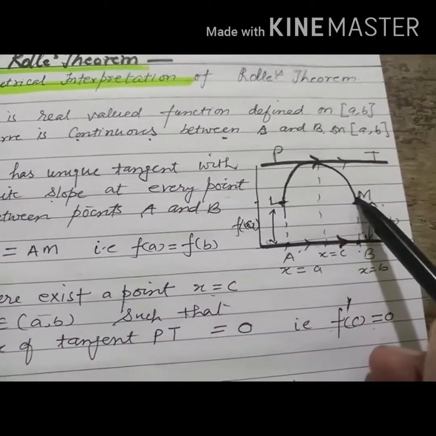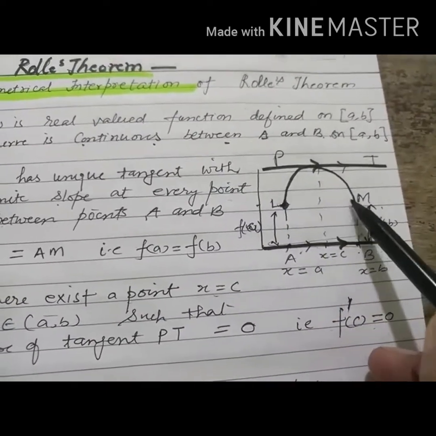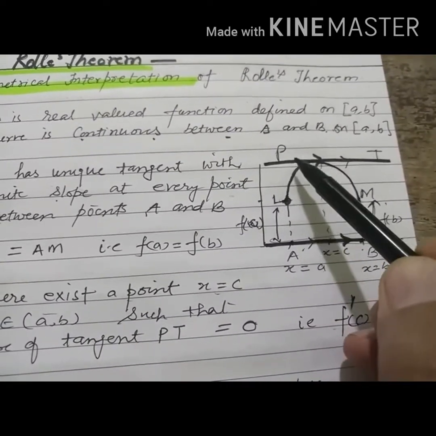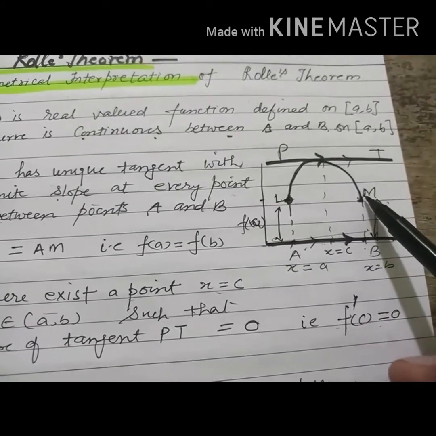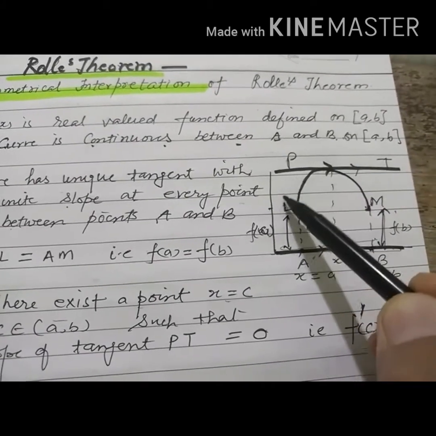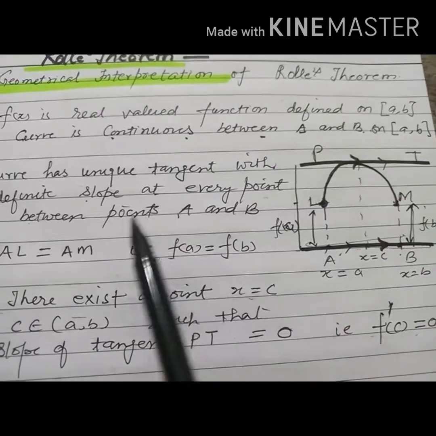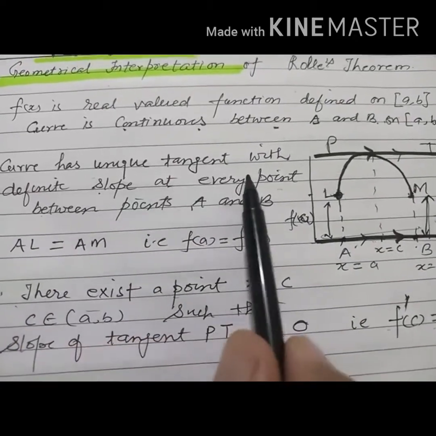From point A to point B, the corners have been left. You draw the tangent to the curve, so you can draw tangents at all the points on the curve and they are going to have a definite slope.